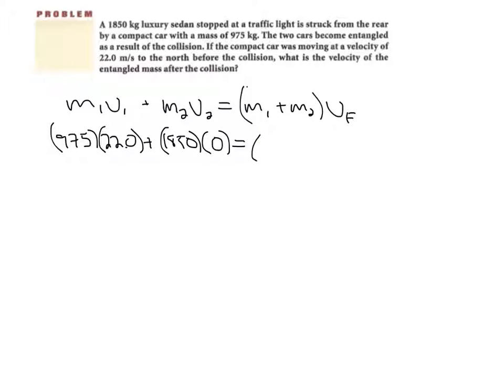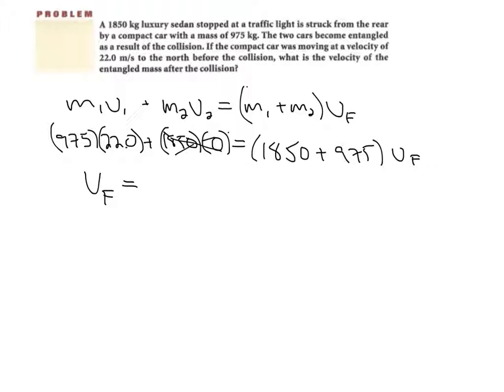Their combined mass, because they stick together, is 1850 plus 975, times VF. The zero term goes away, so we multiply and then divide by 1850 plus 975.